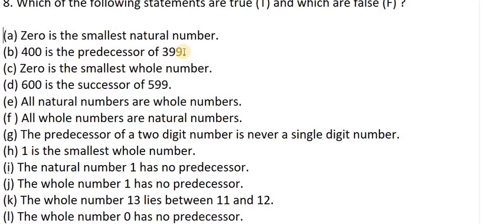Next, predecessor is the number before, or in other words, subtract 1 from the given number and we get the predecessor. Successor is just adding 1 to the given number. This is about the major 4 topics.